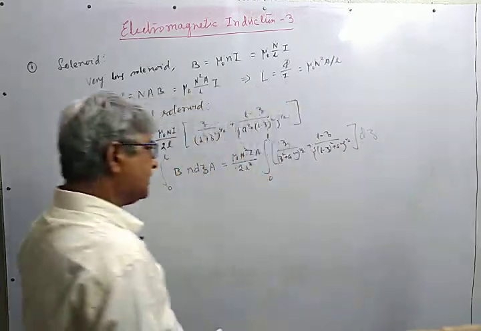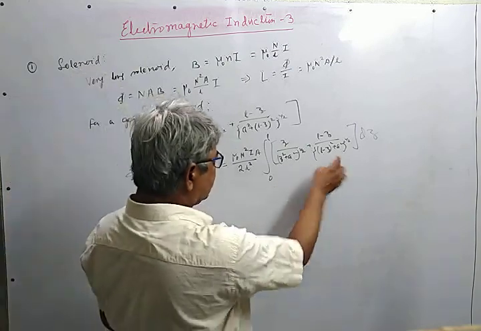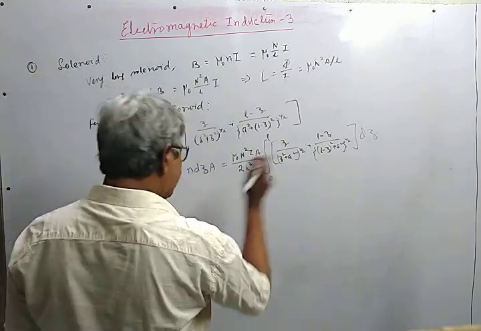It is easy to show that both the terms have equal contribution, that is, this and this part have equal contribution, so we evaluate this part only.